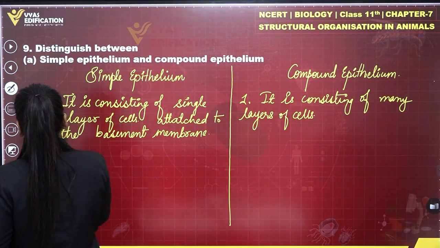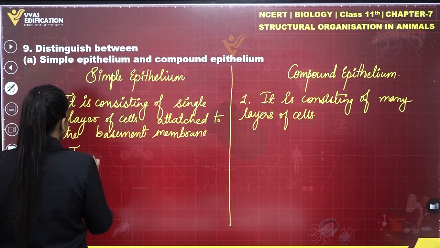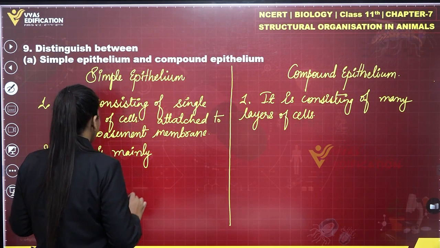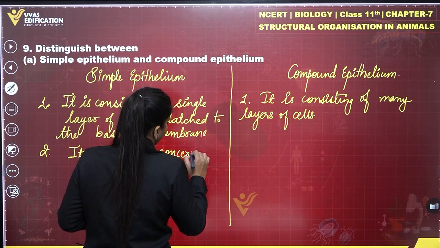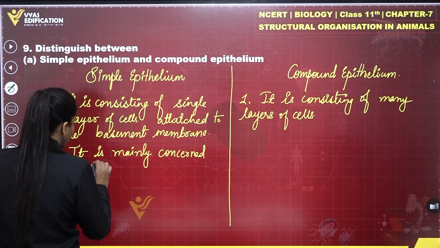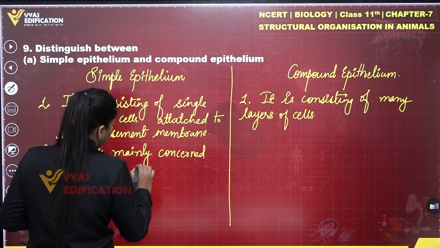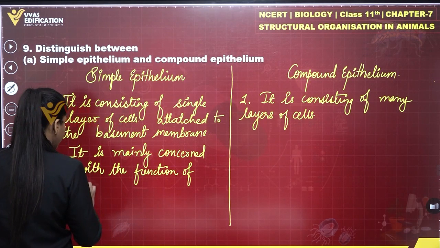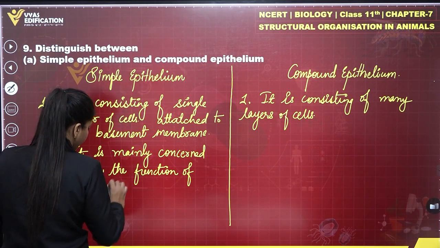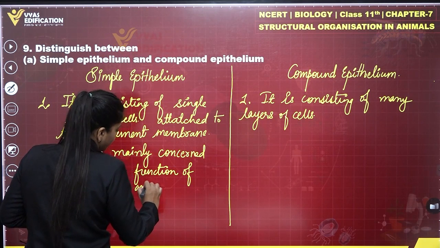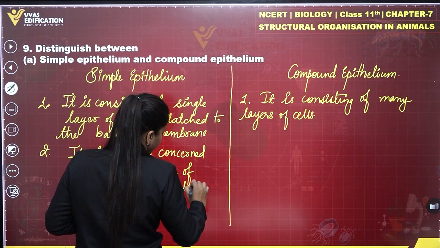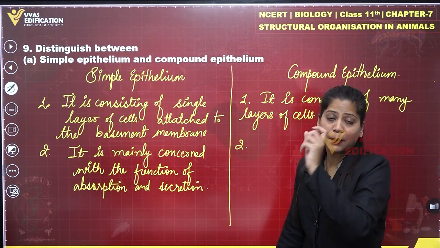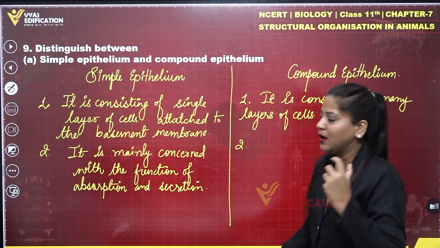Let's talk about another one, that is the function. We are talking about the simple epithelium. It is mainly concerned with the function of absorption and secretion. And if we talk about the second point of compound epithelium, then the compound epithelium is mainly concerned with the protection of organs, right?